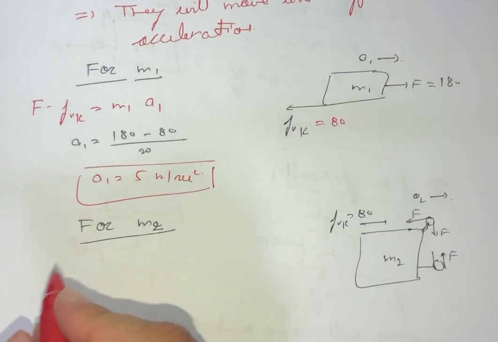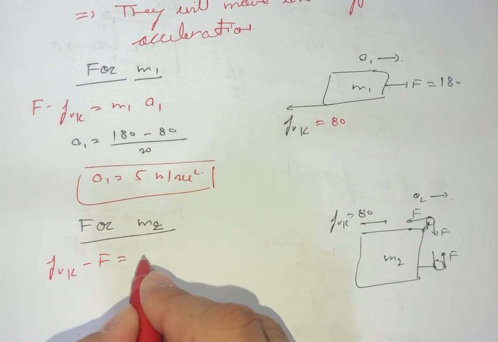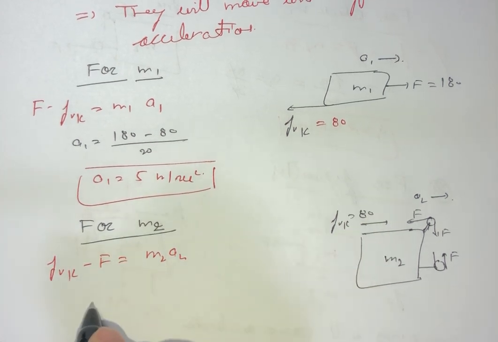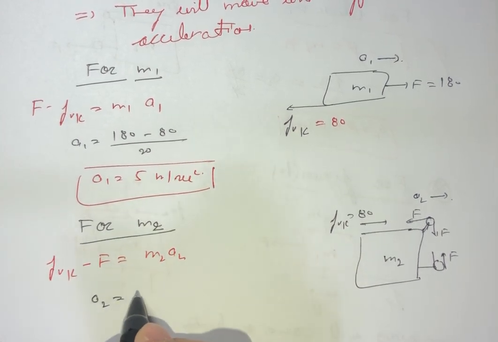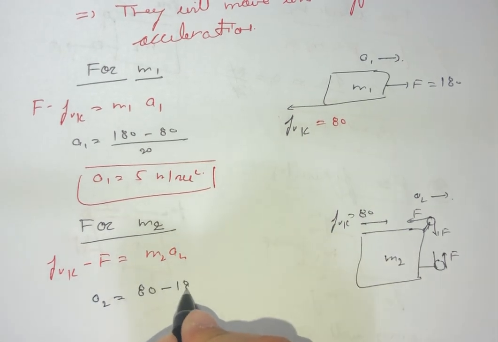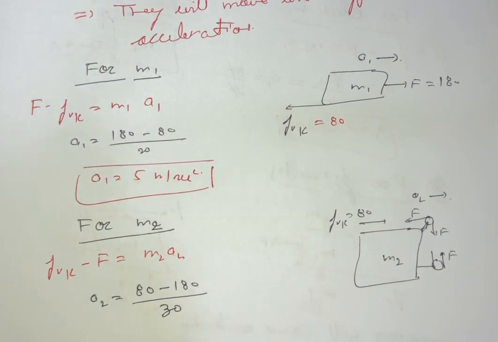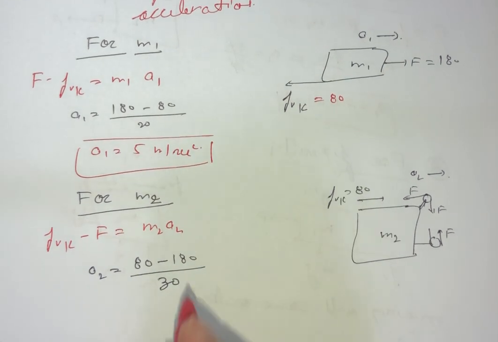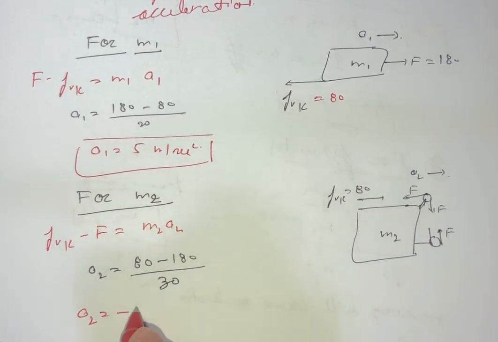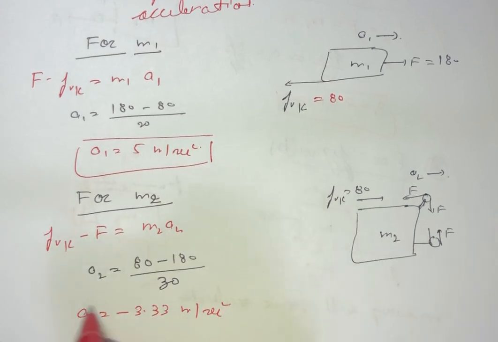We can say that Frk minus F will be equal to M2A2. Frk is 80, applied force F is 180, and M2 is 30. So we get A2 as minus 3.33 meter per second square.